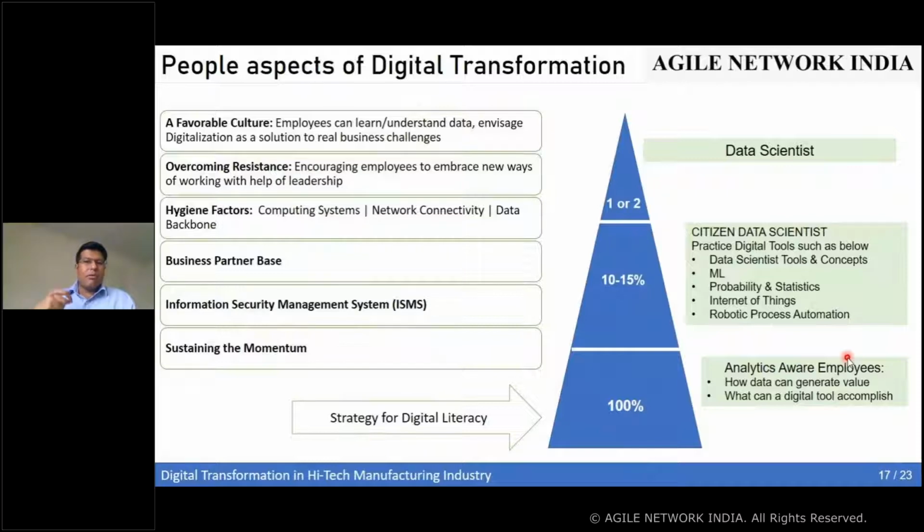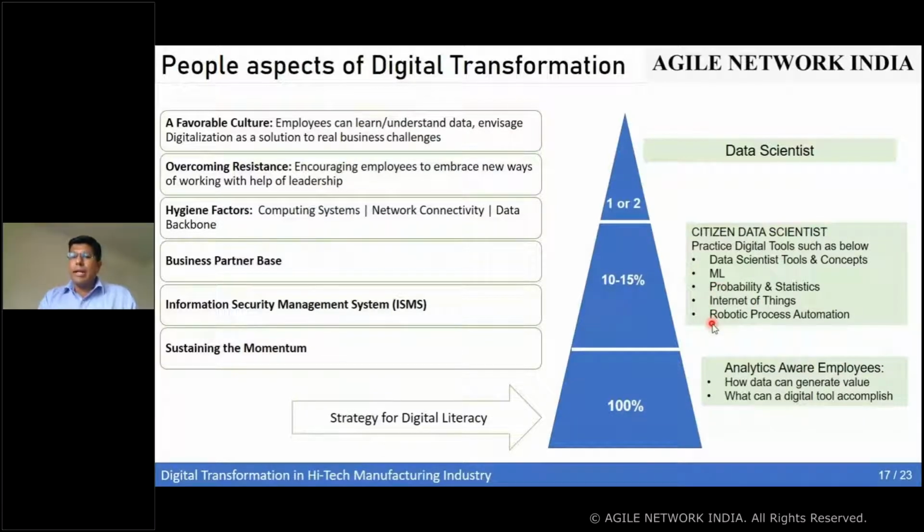They can deal with trend charts, etc. If we say this is a regression, they should understand what a regression is. If I'm talking about classification, they should understand. If I say I'm going to use robotic process automation, they should not feel it is some kind of foreign word. This is what I mean by analytics-aware employees.